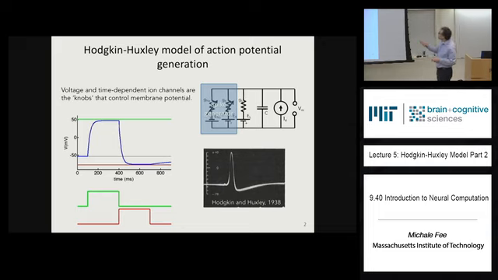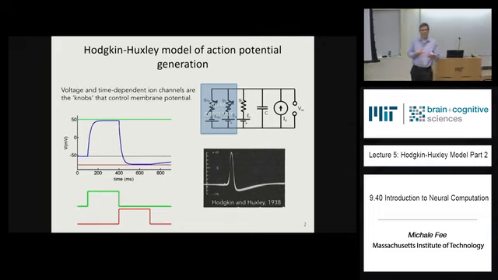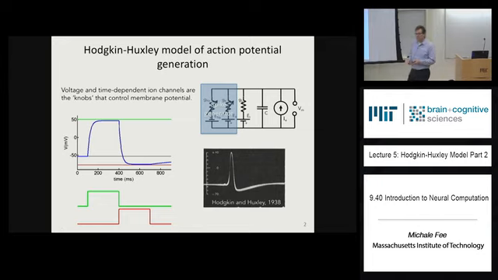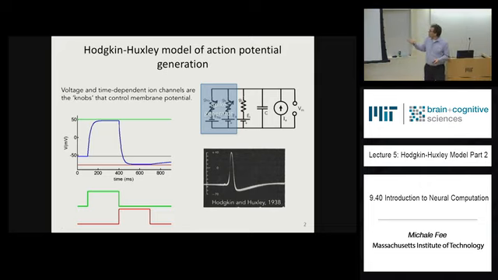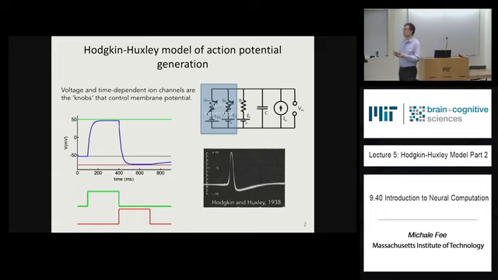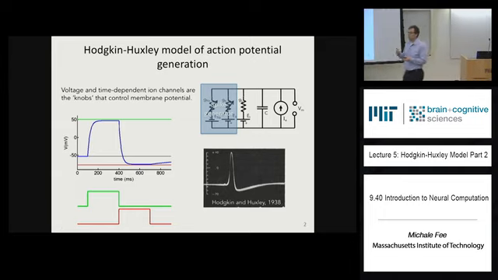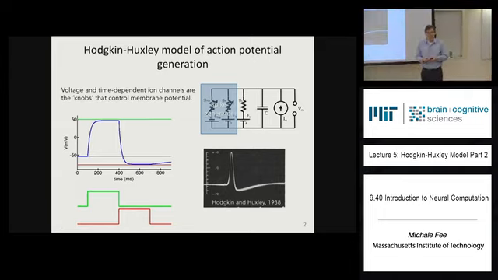So last time we worked out the voltage and time dependence of the potassium conductance. Today we're going to focus on the sodium conductance and explain various aspects of its voltage and time dependence.